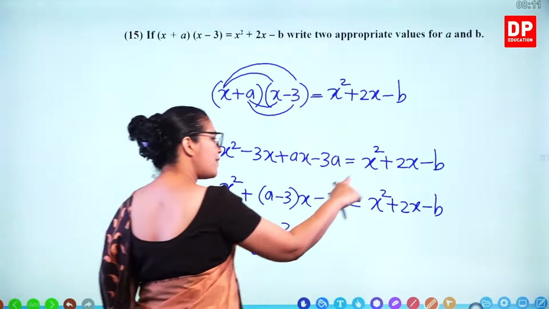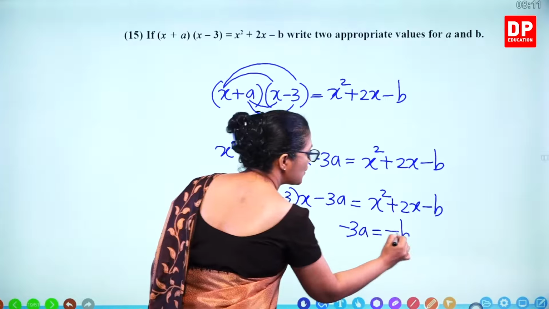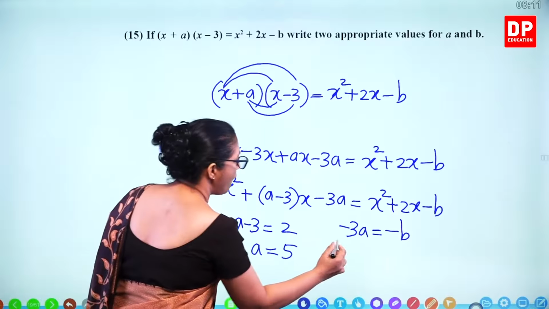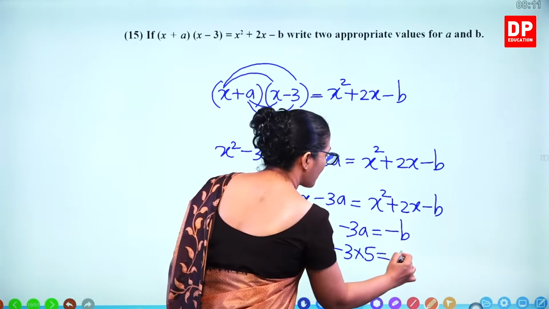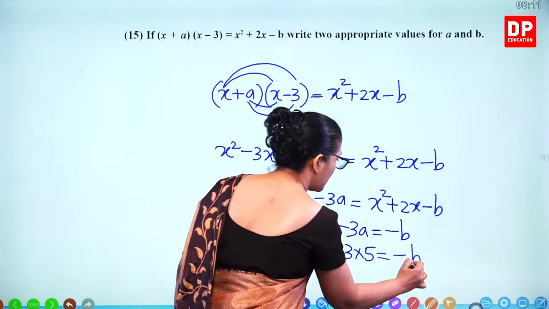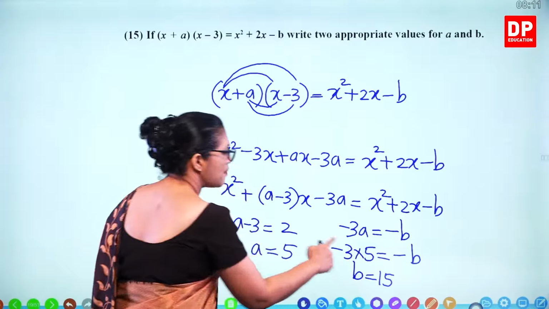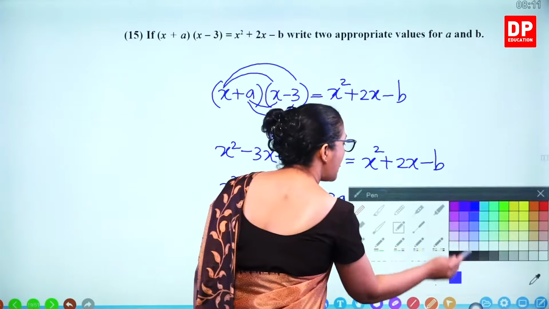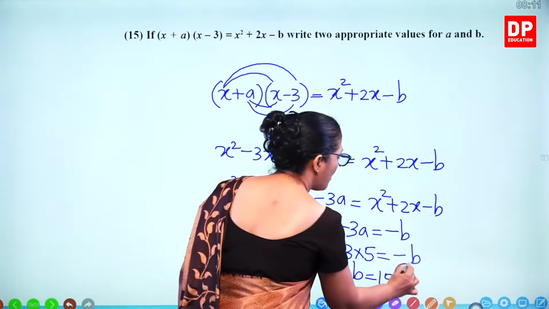Now you can compare the b values. Minus 3a should be equal to minus b. The minuses cancel out. 3 times 5 is b. So b equals 15. So b is 15 and a equals 5. 1 mark and 1 mark.